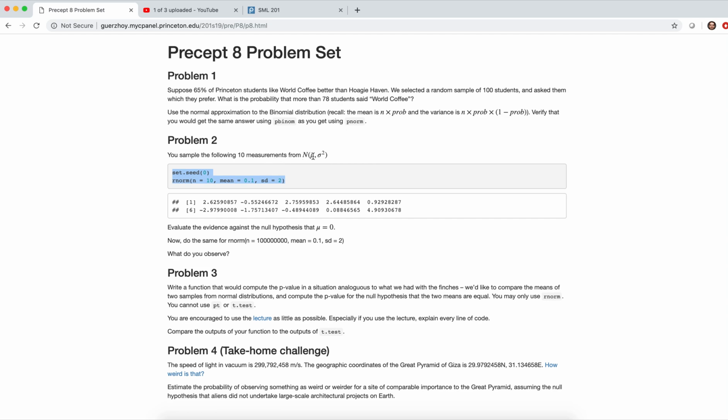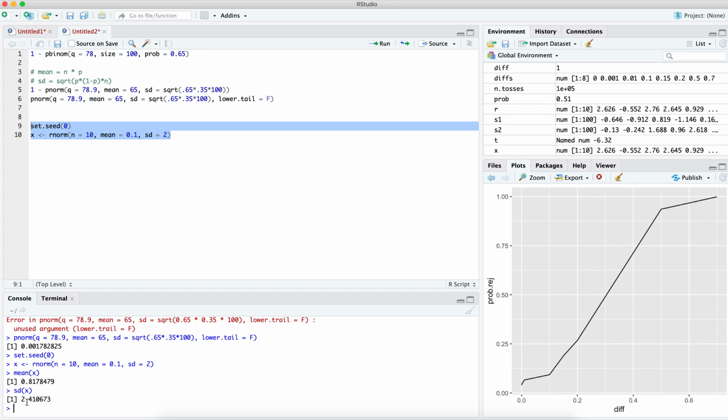All that we know is that it comes from a normal distribution with mean mu and variance sigma squared. What we want to know is how far away from zero it is, considering that the standard deviation is 2.4. That's a situation for a t-test.